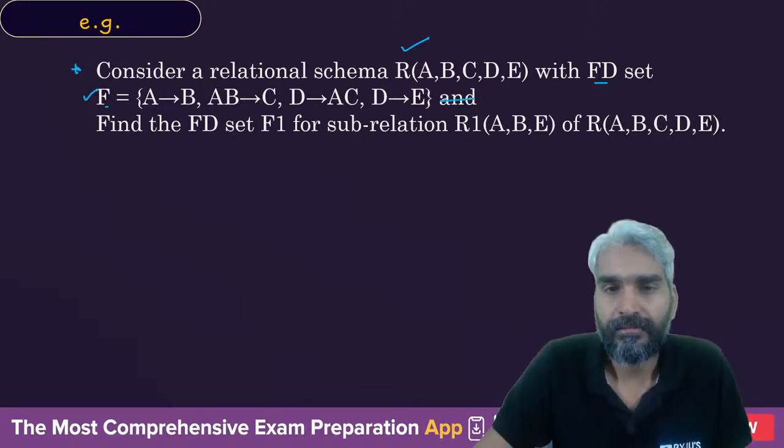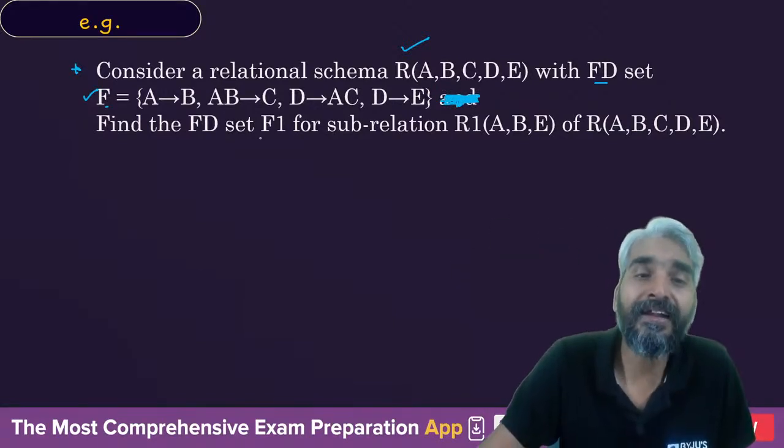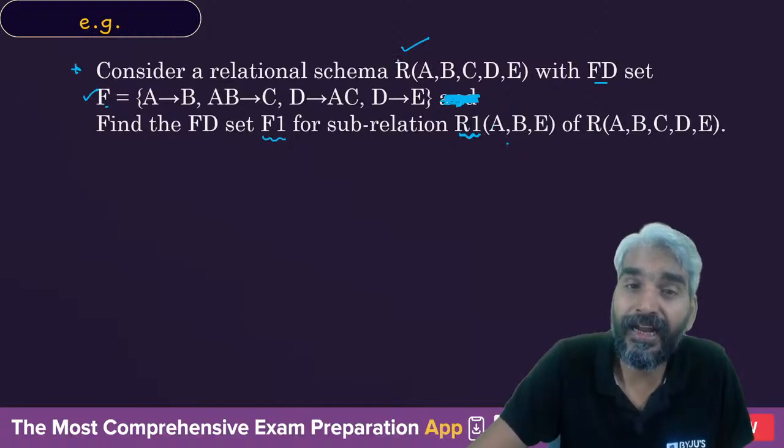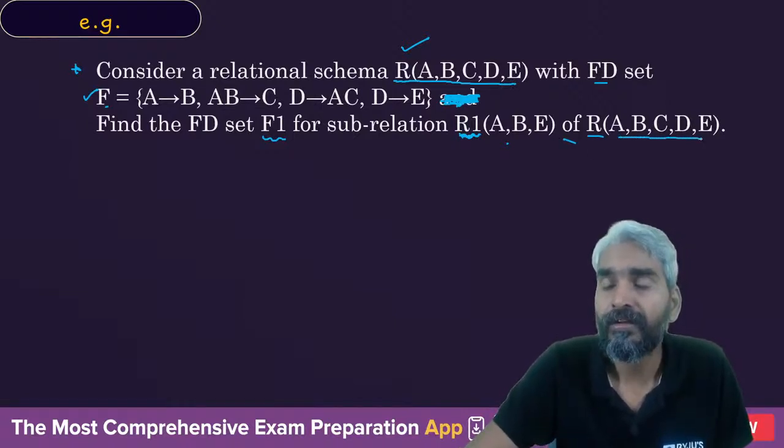I have just used the same question to derive a new question. Find the FD set F1 for subrelation R1.